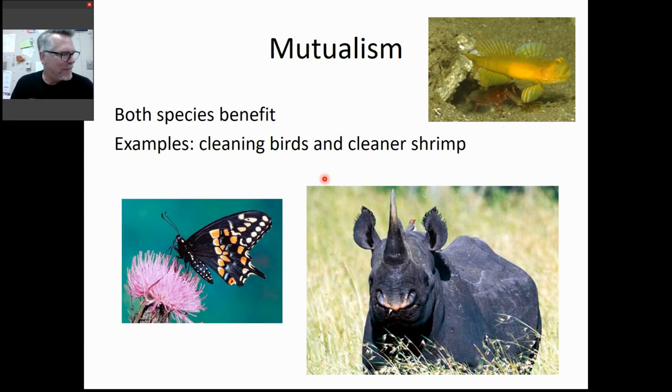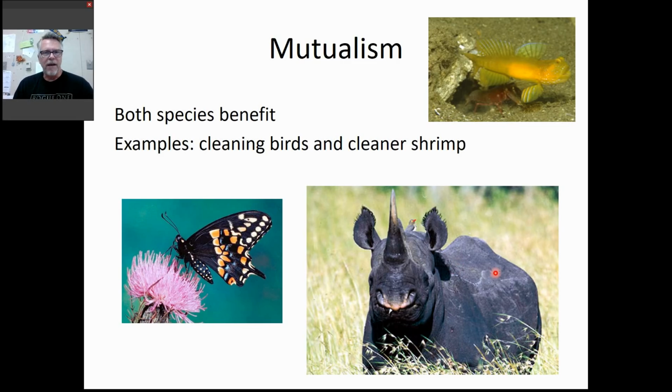All right, the next kind of symbiosis we want to talk about is called mutualism. And that's the situation where both species get some kind of benefit from the relationship. So we have examples of cleaning birds and cleaner shrimp. So here's a rhino, and the skin of a rhinoceros is a good environment for parasites to grow.